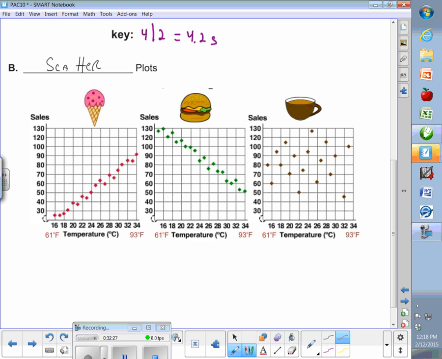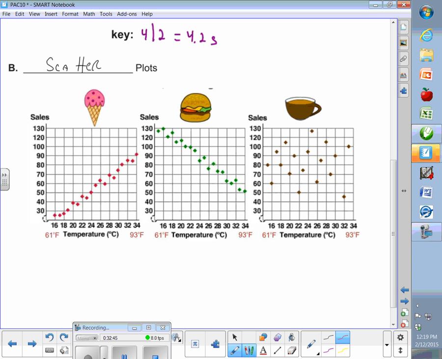Scatter plots are real life scenarios. The data doesn't necessarily line up in a nice line. Now the first one, the ice cream, and you can see that we have temperature on the bottom.